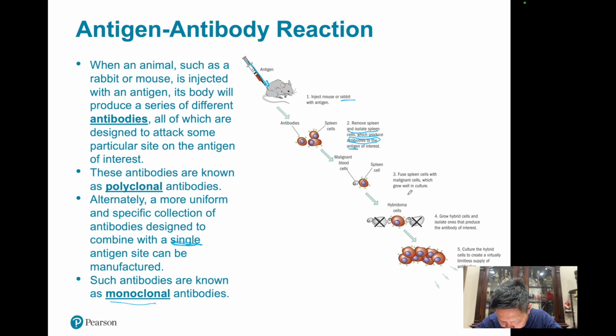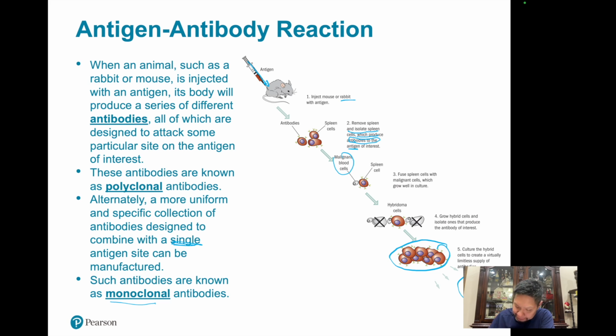And so this particular thing here, what's happening is we can have a malignant blood cell attached to the spleen cell. And then all this stuff happens that you don't really need to worry about. But what happens is that we have a whole bunch of spleen cells get grown, and the spleen cells make a whole bunch of antibodies.